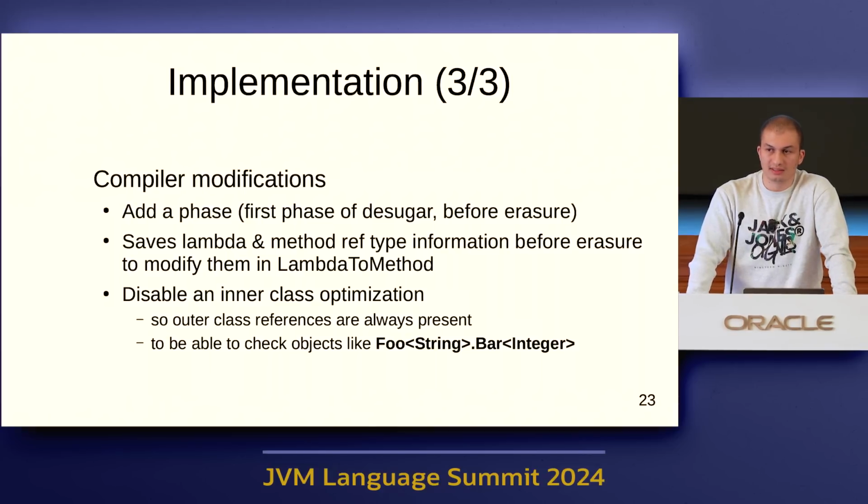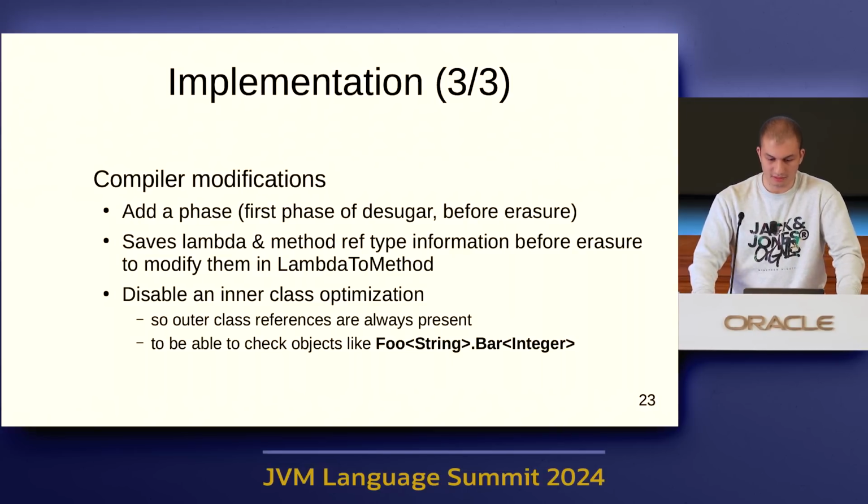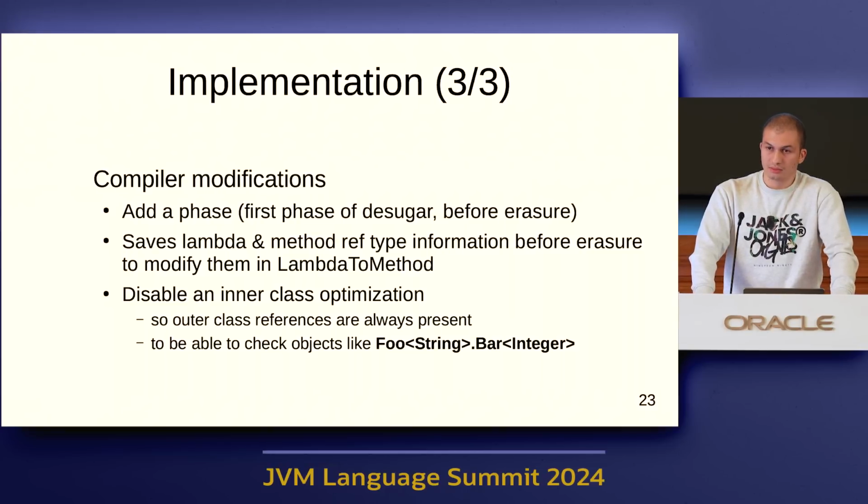First, we had to add a new phase that occurs at the beginning of the disregard, and of course before the erasure, because we need the type information to be still present. And also we had to save some type information in lambda and method references, because we also want for the instances of the hidden classes created by the lambdas and method references to have an arg field.